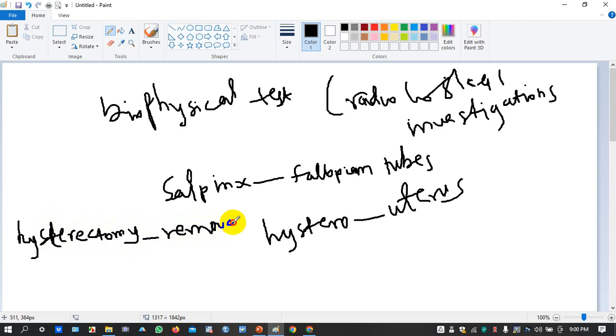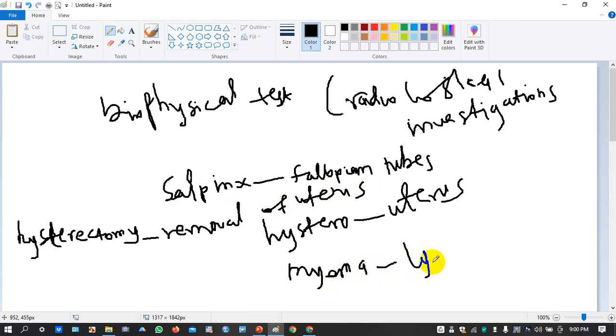Maybe your uterus or your womb is full of cysts, or your womb is full of fibroid. Fibroid is called myoma. The plural of fibroid we call leiomyoma or myomata.